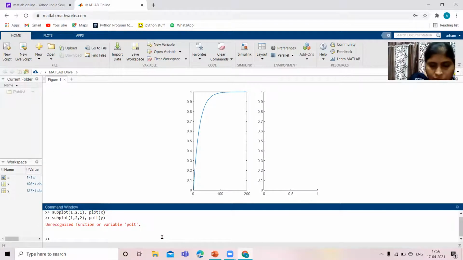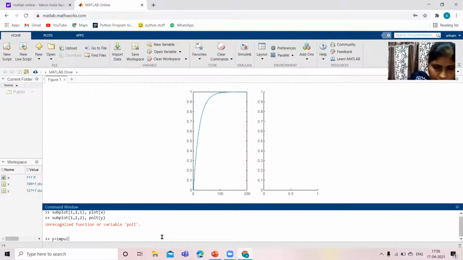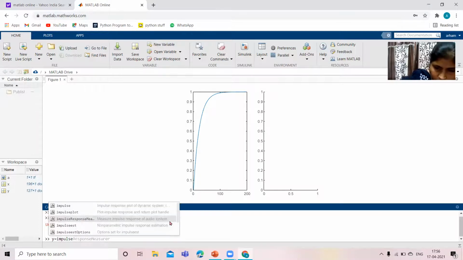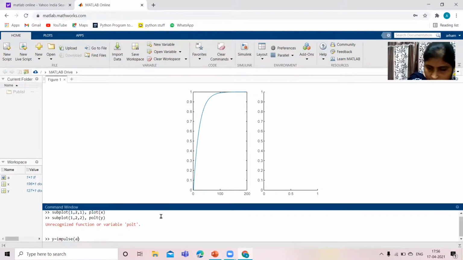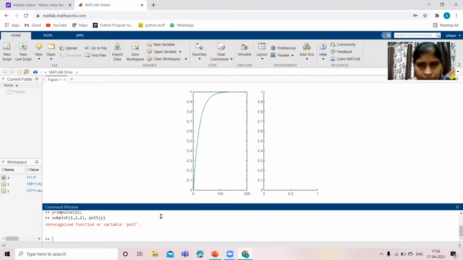First there is some error, so I'm writing here Y equal to impulse of A. This is going to calculate the value of impulse. Now I want to run this command.